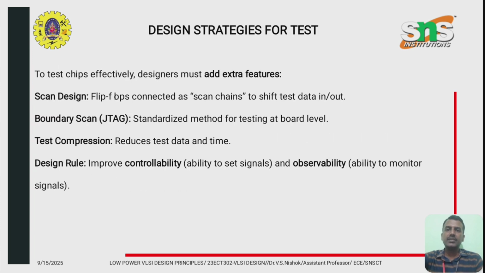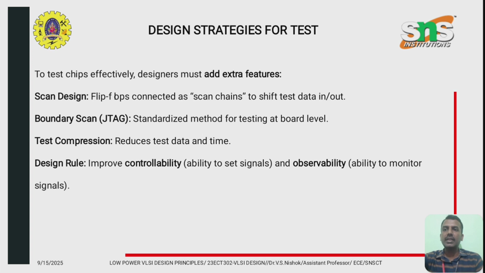Design strategies for test. What are the plans we have to test the IC? To test the IC, we have scan design, boundary scan, test compression and design rule. Scan design represents connecting additional shift registers inside the sequential circuit, like flip-flops, and checking whether they are working in the right way.